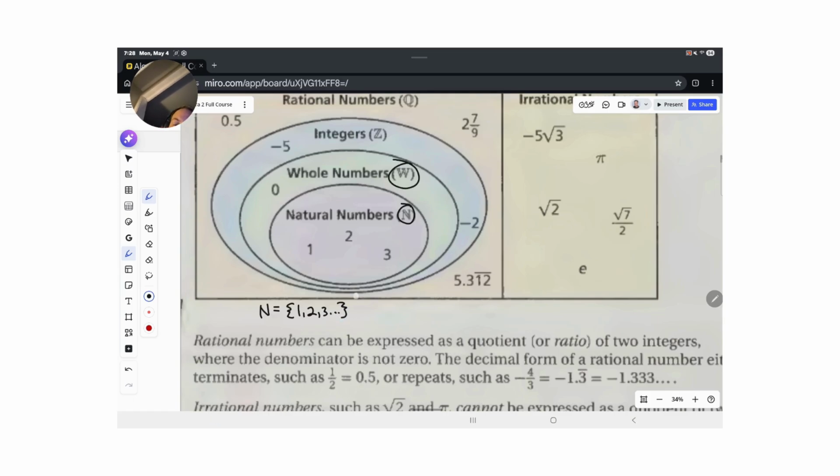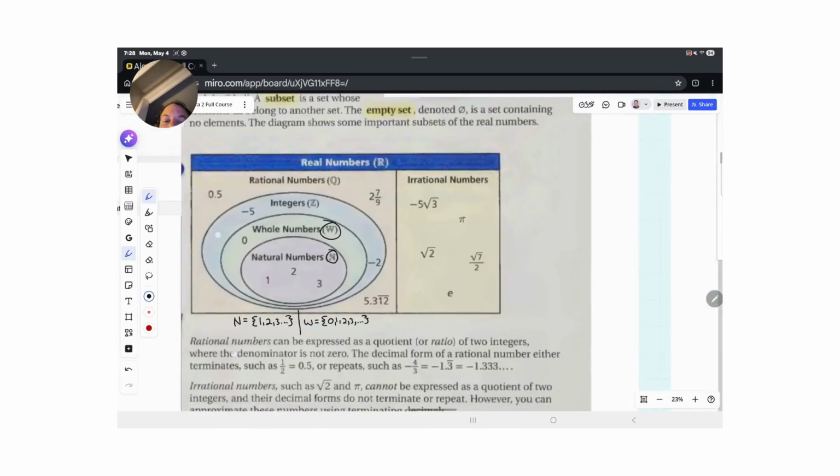But W is where we get to bring in 0. 0, 1, 2, 3, and so on. This is just standard mathematical convention.